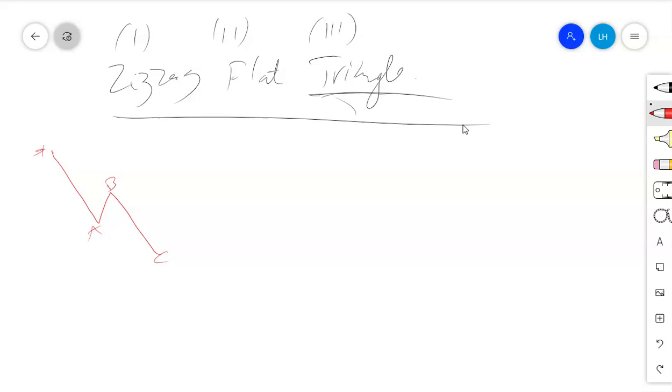If ABC has not reached that position, it combines with another structure. So the first one is zigzag, and this will be named W.